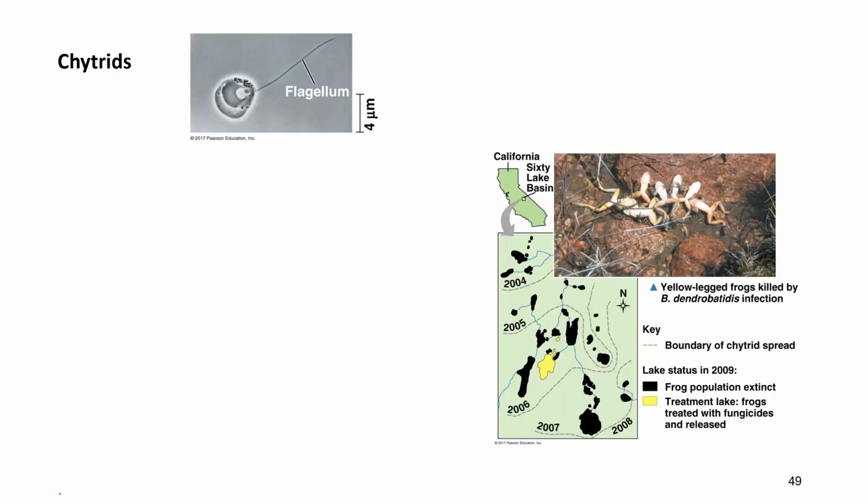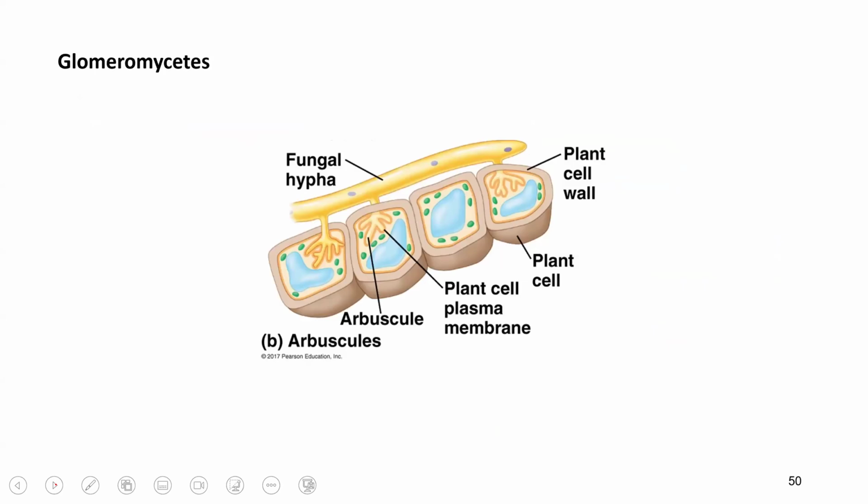Chytrids, the thing to know for the final is that they have flagellated zoospores. And we talked a lot about what happens with chytrids and the amphibians, especially frogs. Oh, almost forgot about these guys. So these are my glomeromycetes, and they have what are called arbuscles, where part of the fungus invaginates into the plant cell.